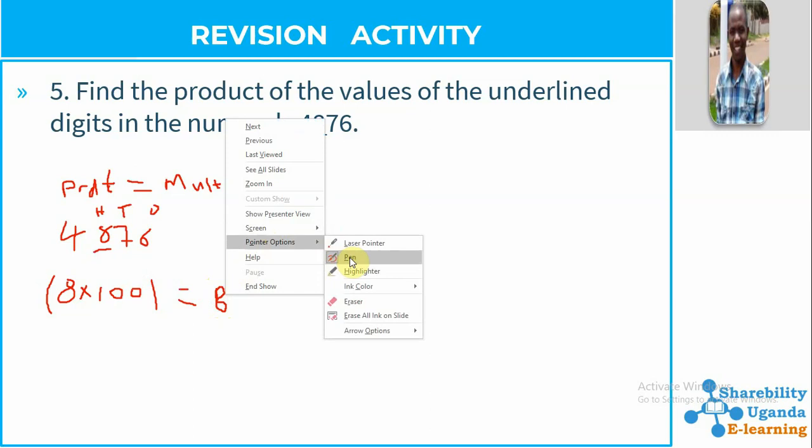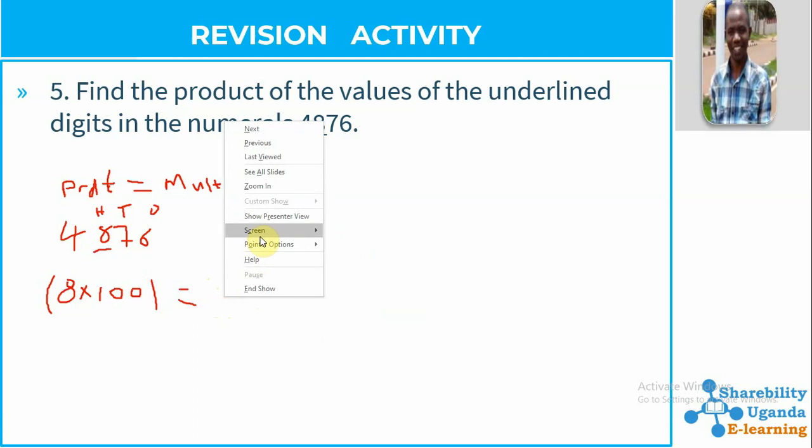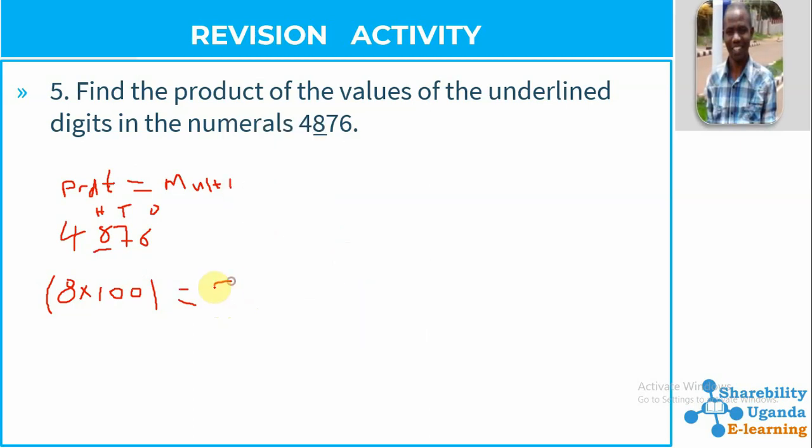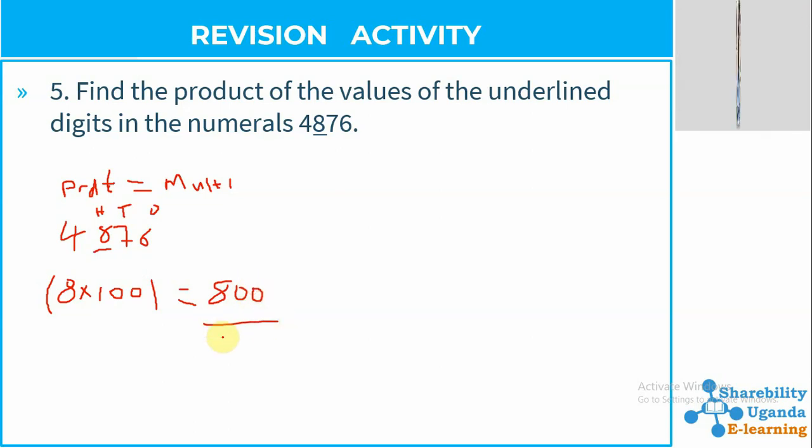Let me try to write it very well here. So the product of that will be equal to 800. Then our number shall have been solved.